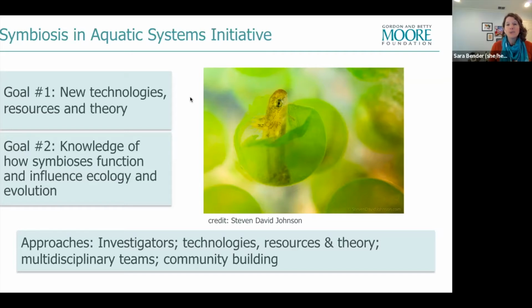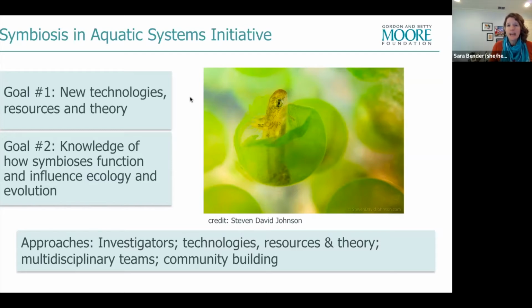Goal 2, to generate new knowledge of how symbioses function and influence ecology and evolution. Our approaches are similar to those used as part of the Marine Microbiology Initiative: to support investigators, to support the development of new technologies, resources, and theory, to support multidisciplinary teams, and then also that key community building component.